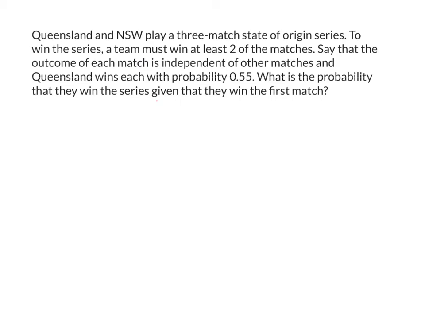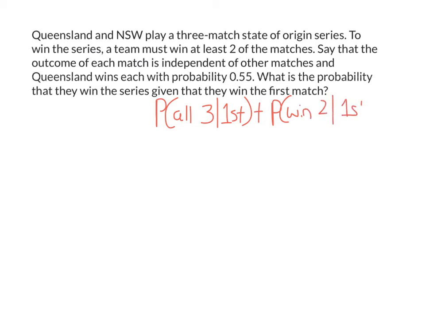So what we're saying is the probability that Queensland win all 3 matches, given that they win the first match, plus the probability that they win exactly 2 matches, given that they win the first match. Again, I can add these up because I'm finding the probability of this or this happening, and these 2 are mutually exclusive. Queensland can't win all 3 matches and then win only 2 matches at the same time. So let's figure out these 2 probabilities.